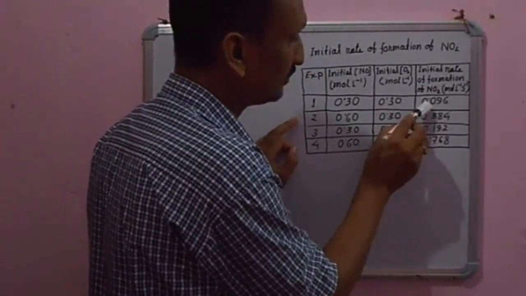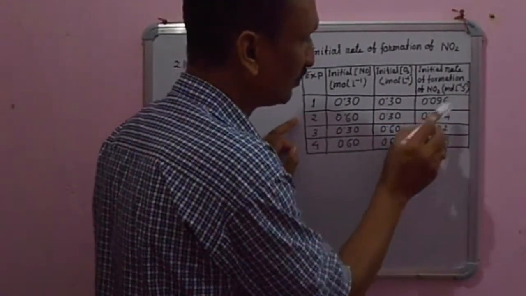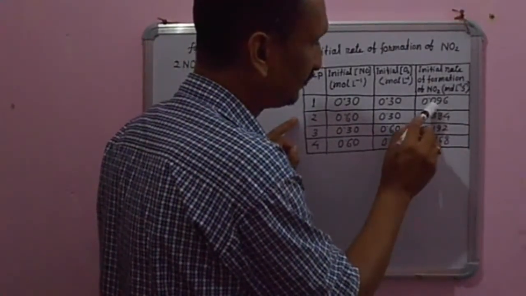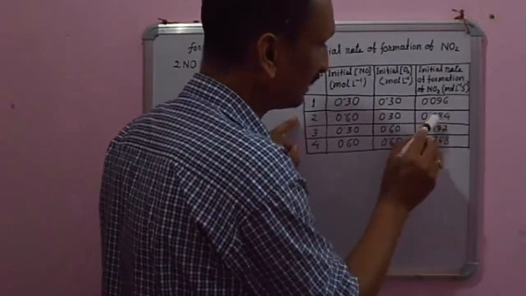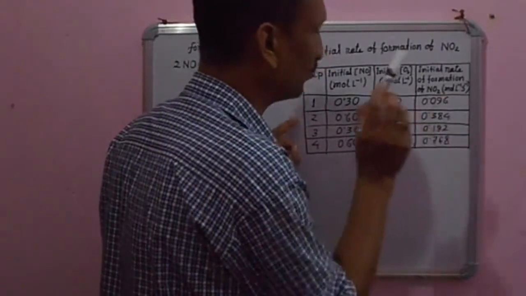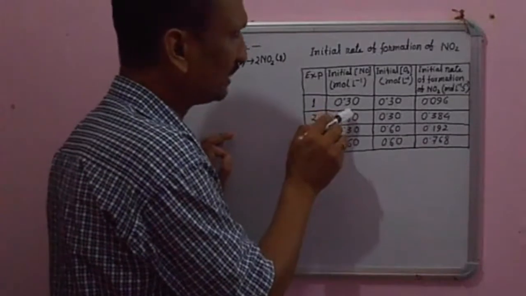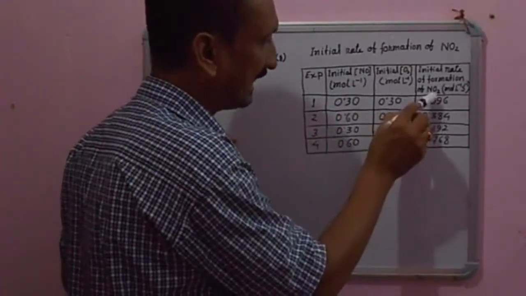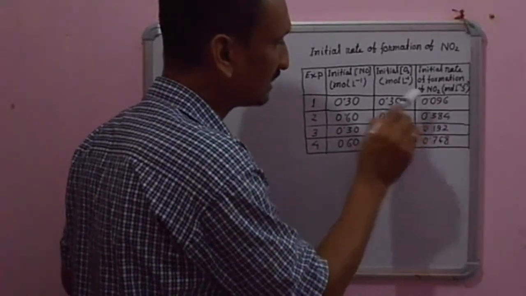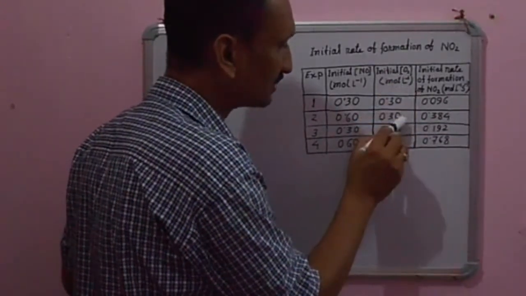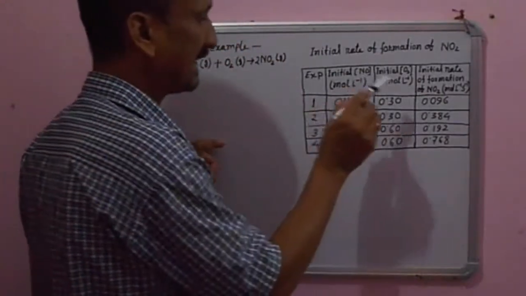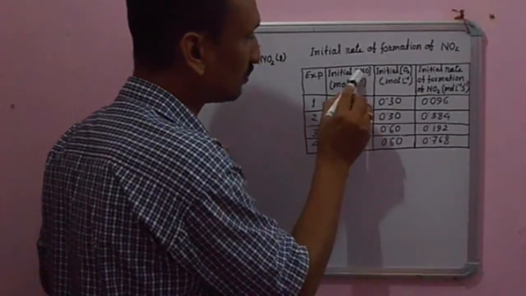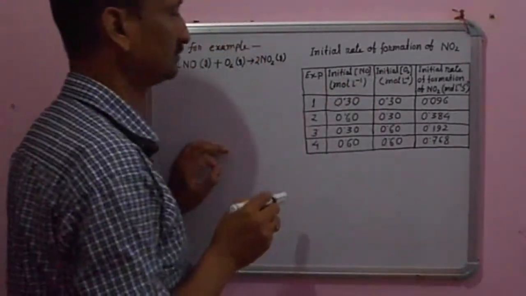If you multiply 0.096 by 4, then that will be 0.384. That means while we increase the concentration of nitric oxide 2 times, the rate increases 4 times, keeping the concentration of oxygen constant. That means rate increases in the square of concentration of nitric oxide.